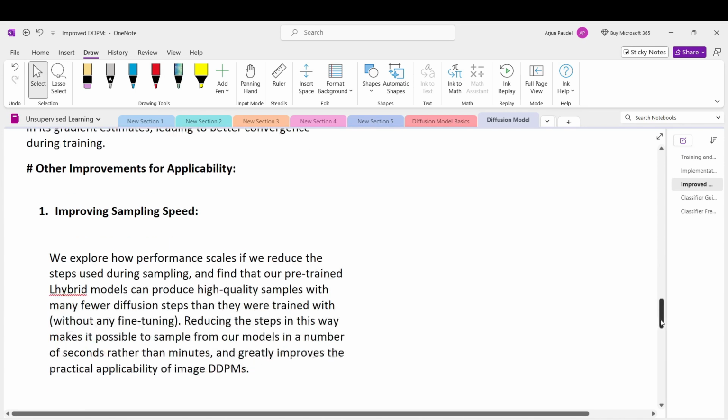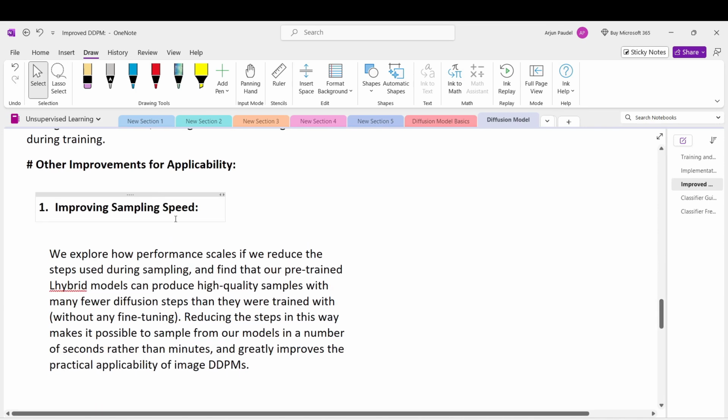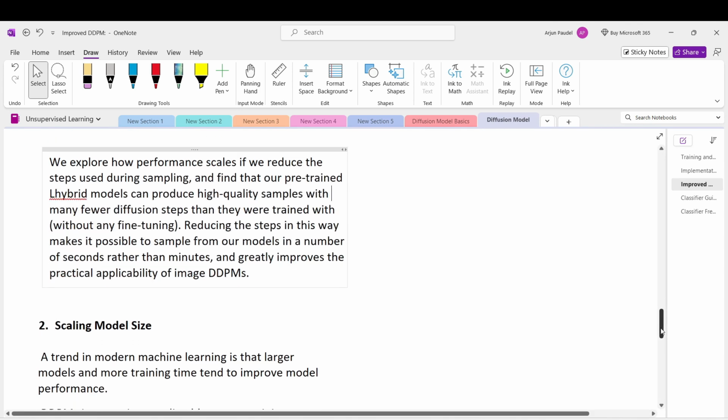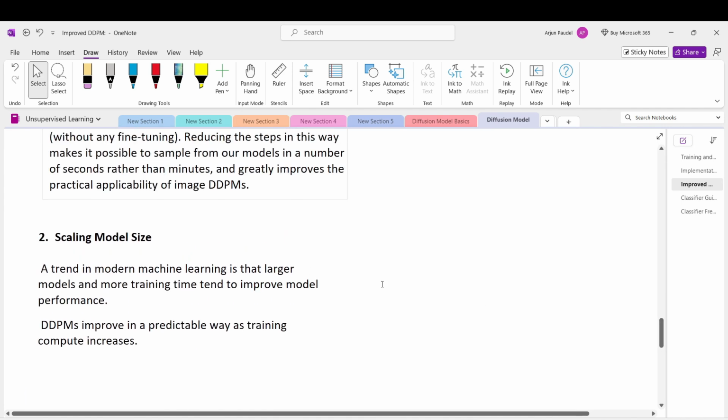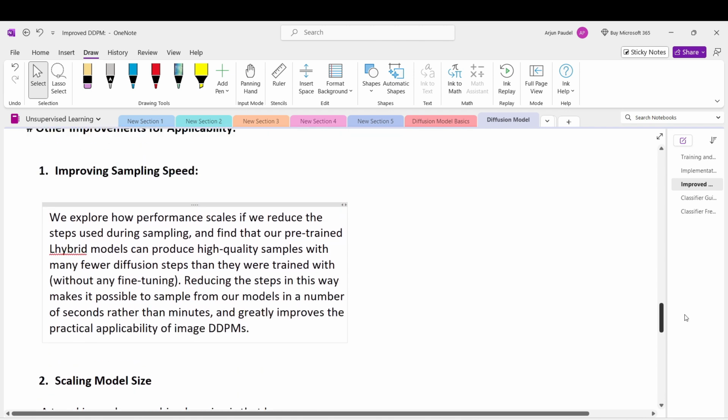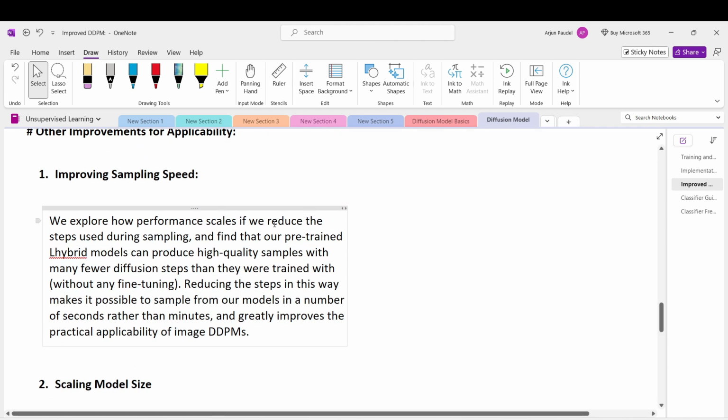The other improvement is for applicability, so they improve sampling time. With the variance, they have learned the variances, and the variances help improve scalable model size. So we explore how performance scales if we reduce the steps during sampling.